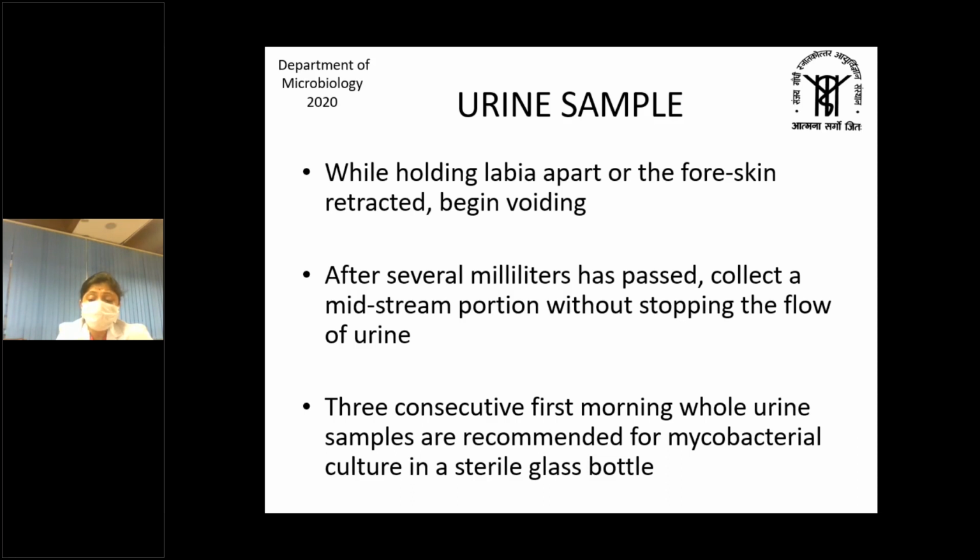This is especially important for students from nephrology and urology. Please tell the patient, raise 3 forms in which you write day 1 urine or urine 1, urine 2 and urine 3, for 3 first morning consecutive collections. At least 200 to 250 ml of urine has to be collected in wide mouth glass bottles which are available from the lab for culture for tuberculosis.